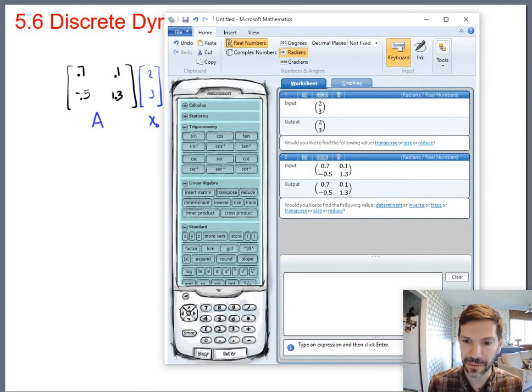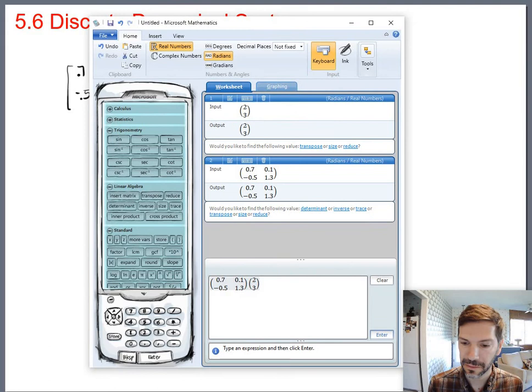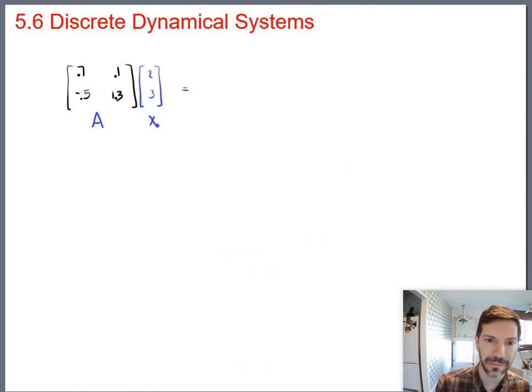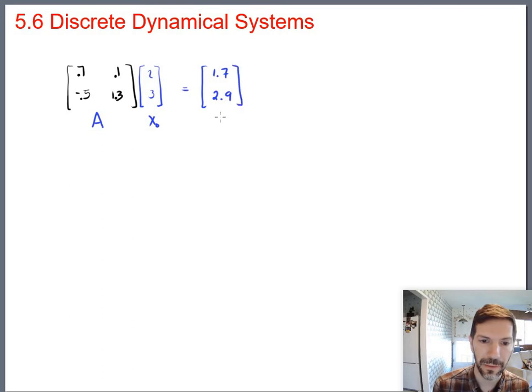So if we do this matrix times this input, then we get 1.7, 2.9. And that would be considered our x1.